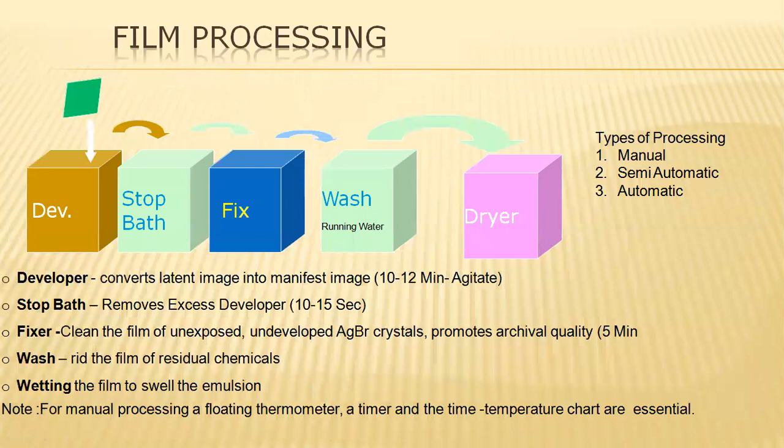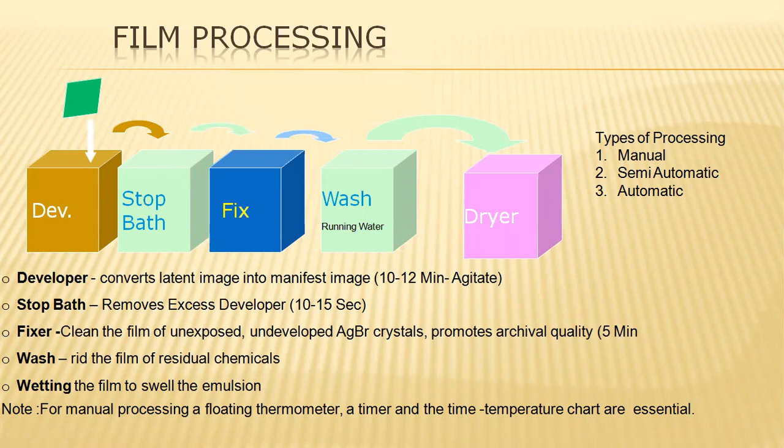What about film processing? This film processing can be done in three different types: first is manual mode, then semi-automatic mode, and automatic mode. First, developing, and depending upon the developing, the stop bath will take place, which makes things ready for the experiment.